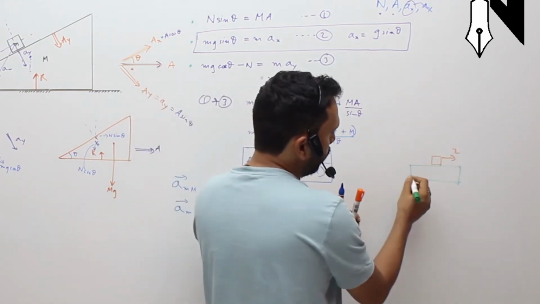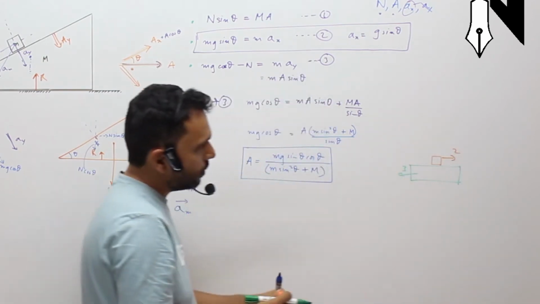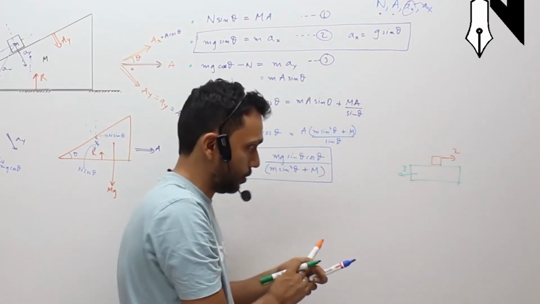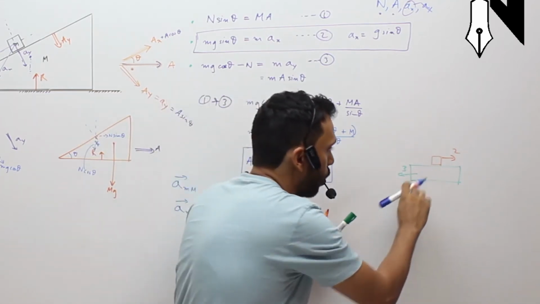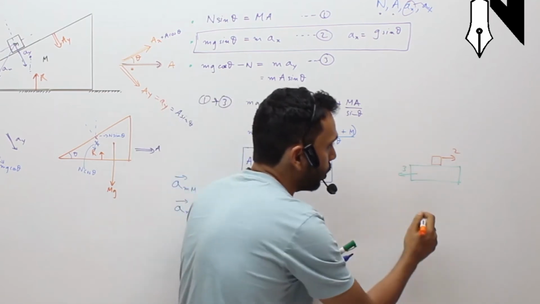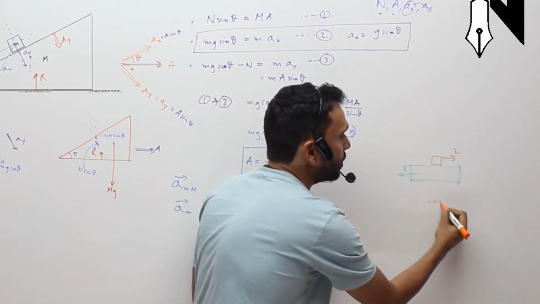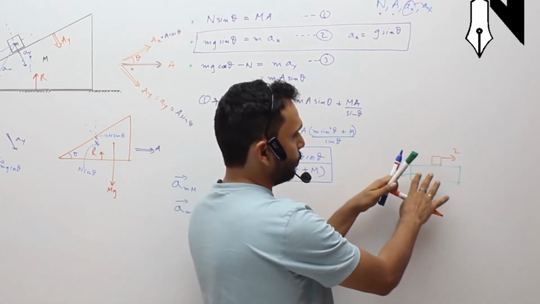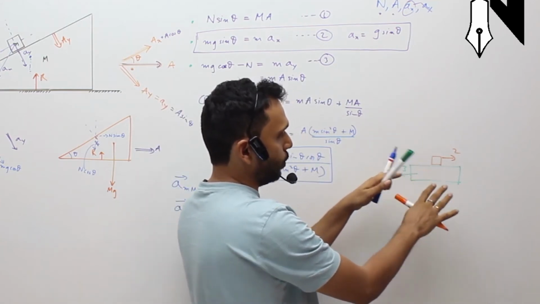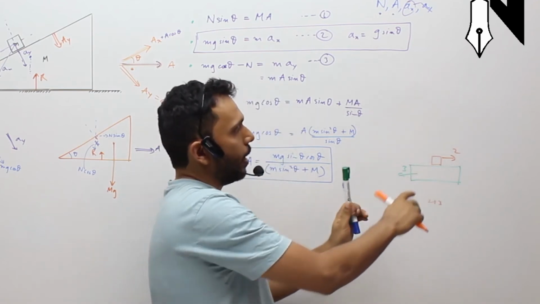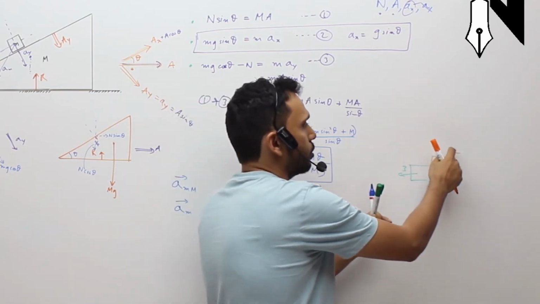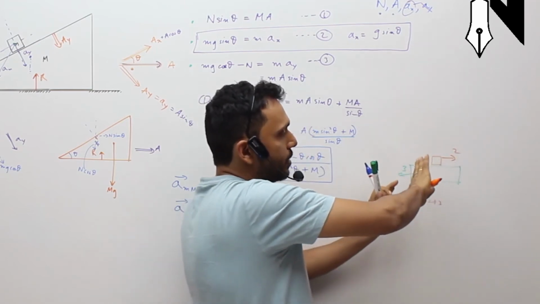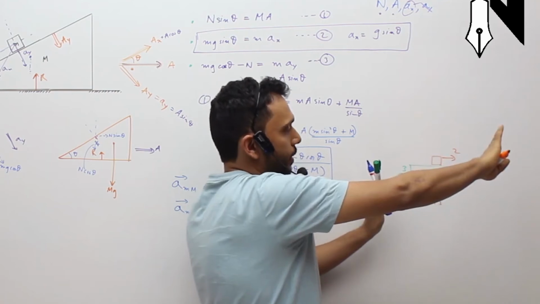Now suppose the green block is going this way with 3. Then what is the acceleration of the orange block with respect to the green block? This time it will be 2 plus 3. Why? Because we'll assume as if the green block was not moving. So if the green block is not moving and suppose this orange block was having 0 acceleration, it will seem as if the orange block was going forward with 3.